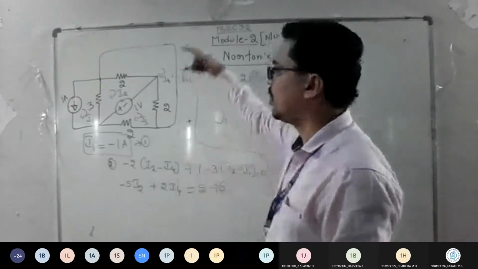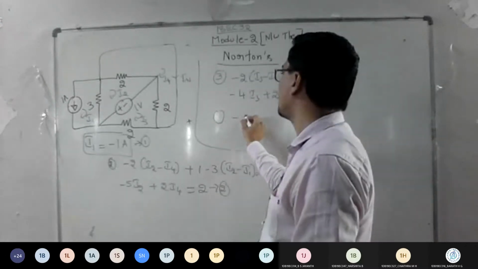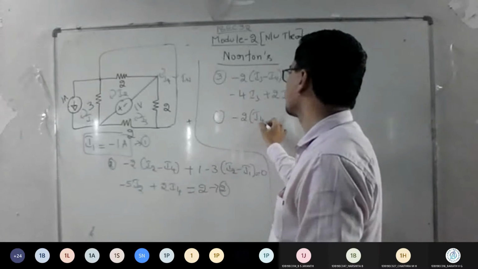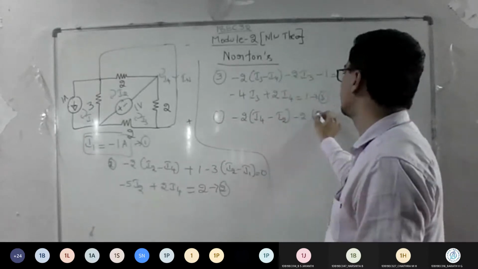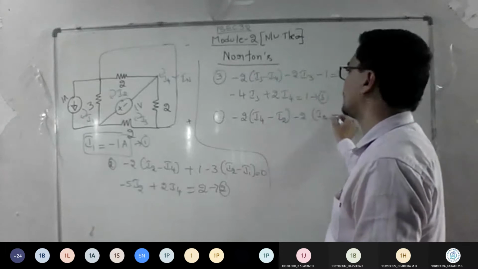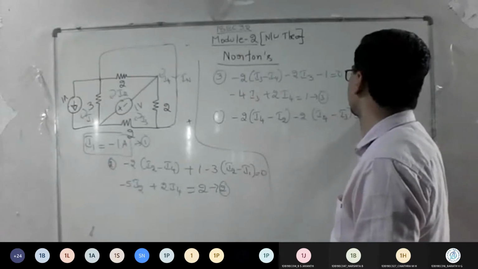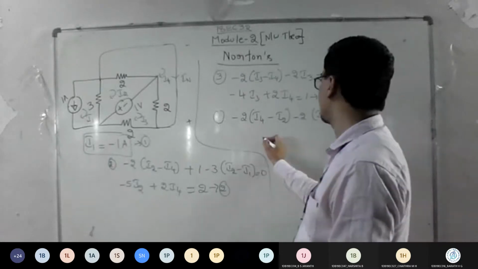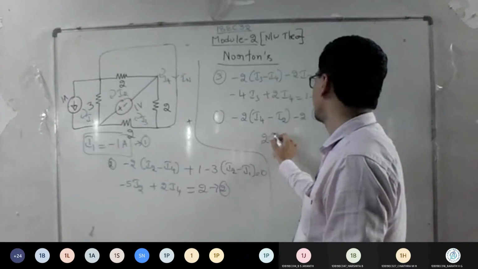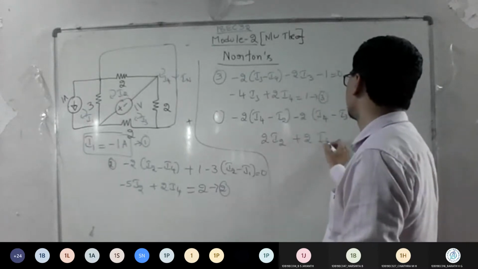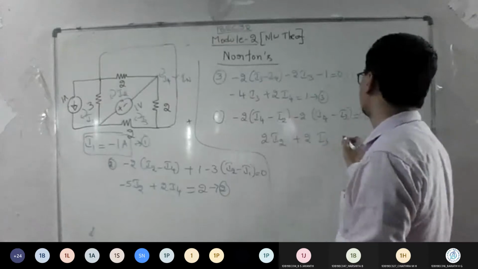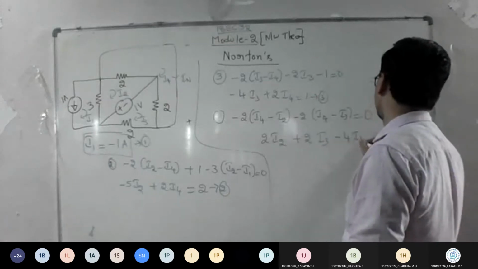Okay. So go with the fourth mesh here, the last one, the outer boundary. So it says -2 I4 minus I2, then again -2 I4 minus I3 equal to 0. So from this you can write 2 I2, then plus 2 I3, and minus become -4 I4.